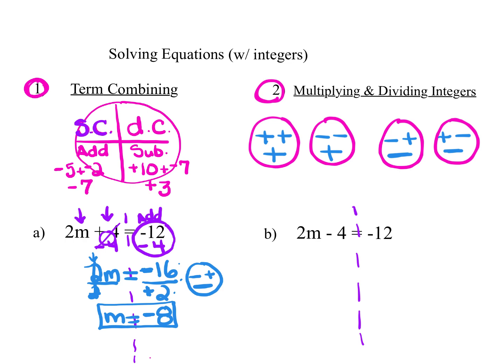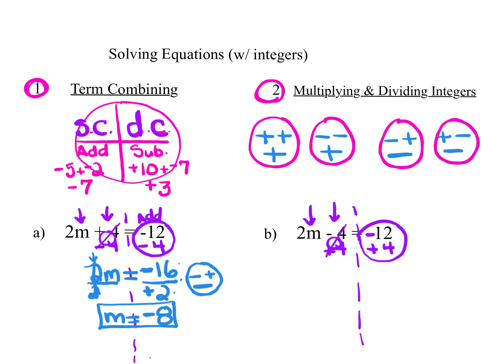Let's move on to B, which looks fairly similar, but in our first case, we're still solving for M, and we need to get rid of a loss of 4. Do the opposite and add 4 to the left, add 4 to the right, and circle your bank account, your pot of chips. These opposites zero out, and we use the rules up here in term combining. We have different color chips or different units being combined here.